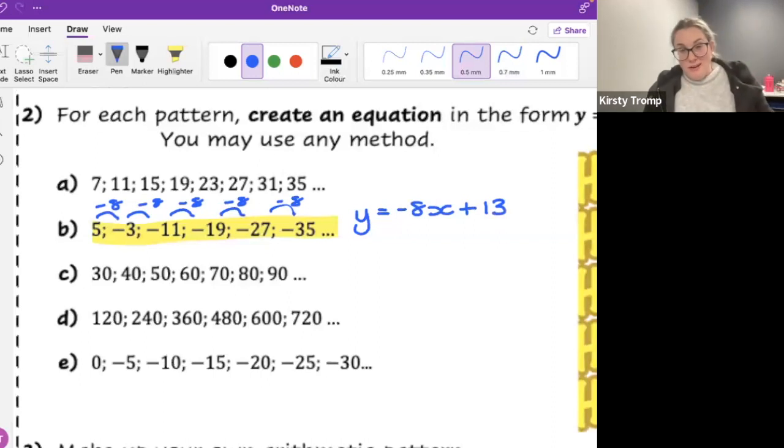That was a tricky one. So if you got that one, well done, guys. Y is equal to negative 8x plus 13. Well done.